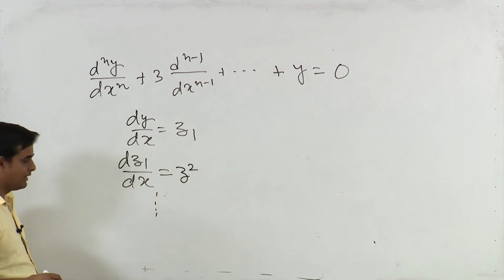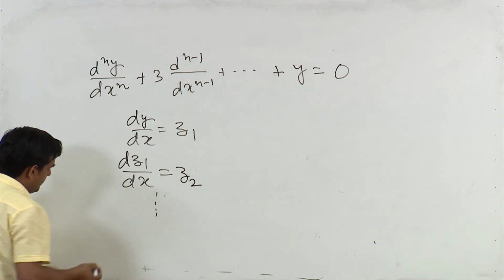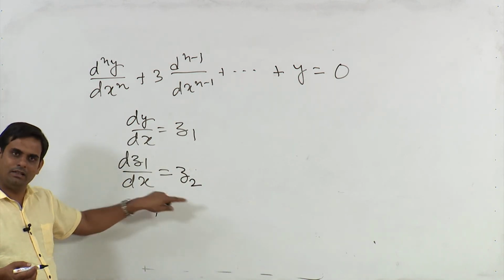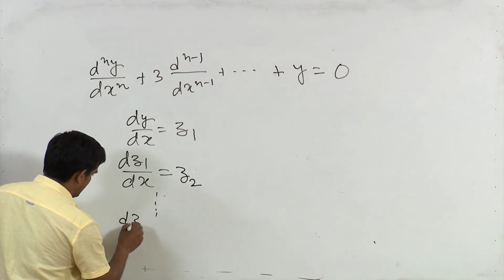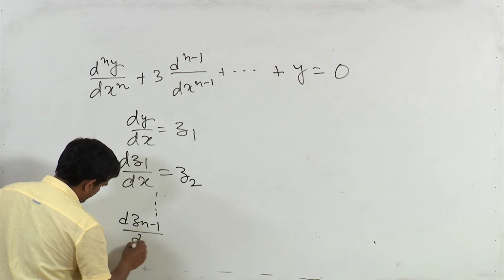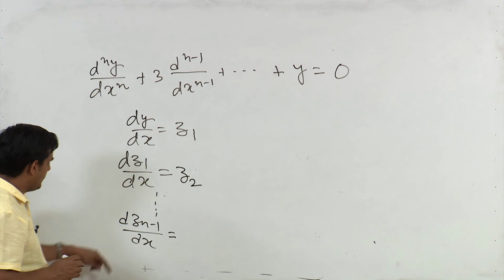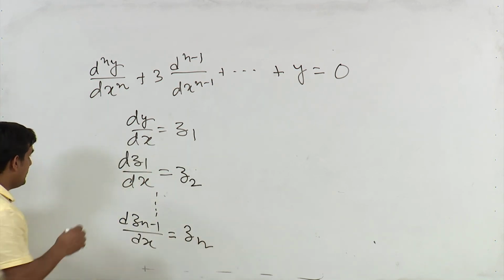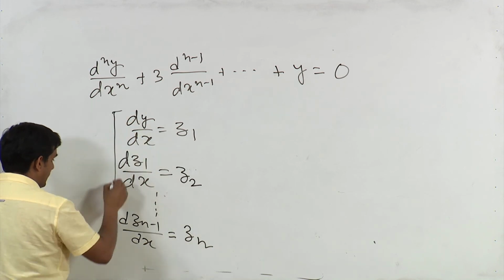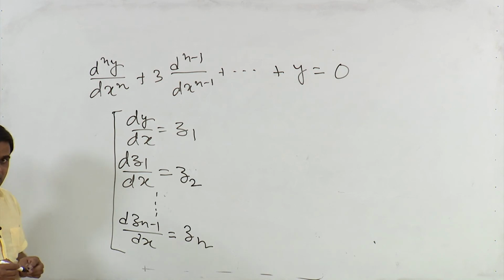Similarly, dz2 over dx I will write as z3. Finally, dz(n minus 1) upon dx will become zn, and hence I will have these n first order differential equations.